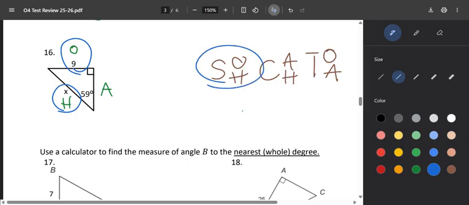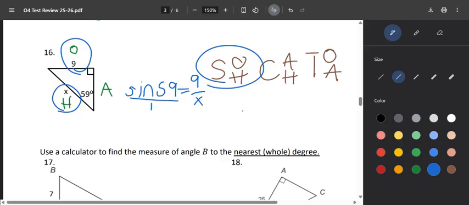So we will have sine of 59 degrees is equal to the opposite over the hypotenuse. All right, so this is a case where x is on the bottom. We're still going to put it over 1 and cross multiply, but there is going to be an extra step.